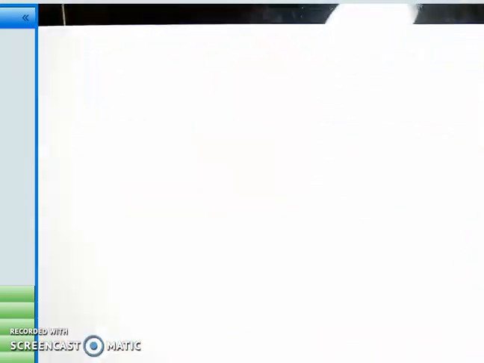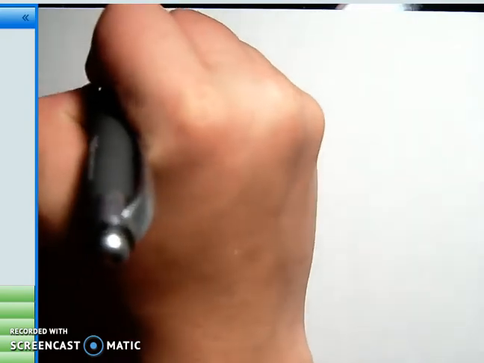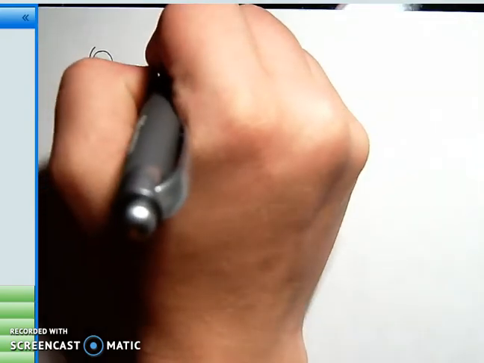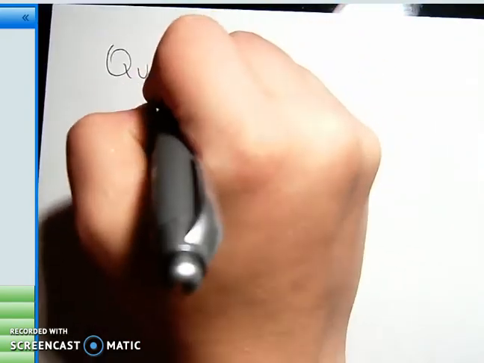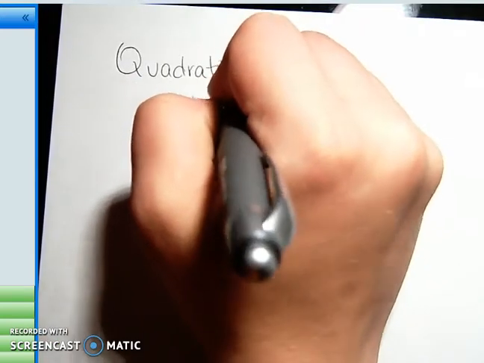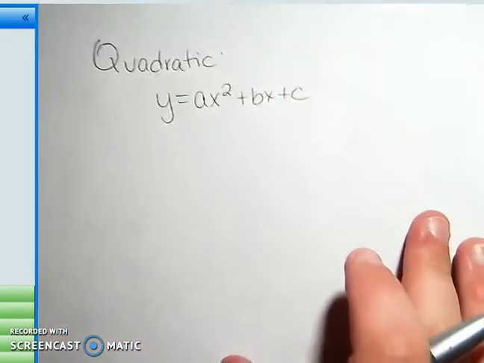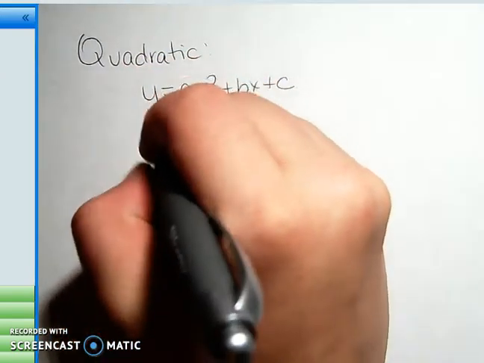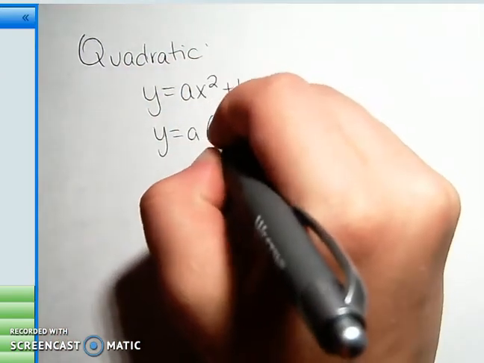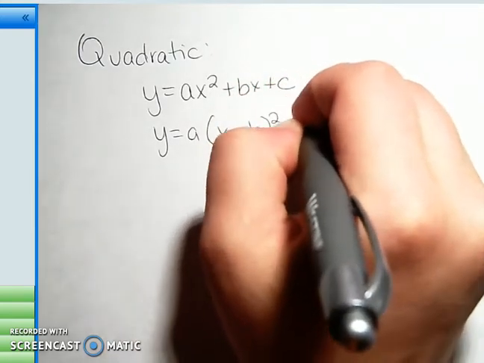With that being said, quadratics are a big part of Math 2. However, they are in Math 3, and you do need to be able to recognize them. So if you remember, a quadratic can come in two different forms. Standard, being y equals ax squared plus bx plus c, or vertex form, which is y equals a(x minus h) squared plus k.